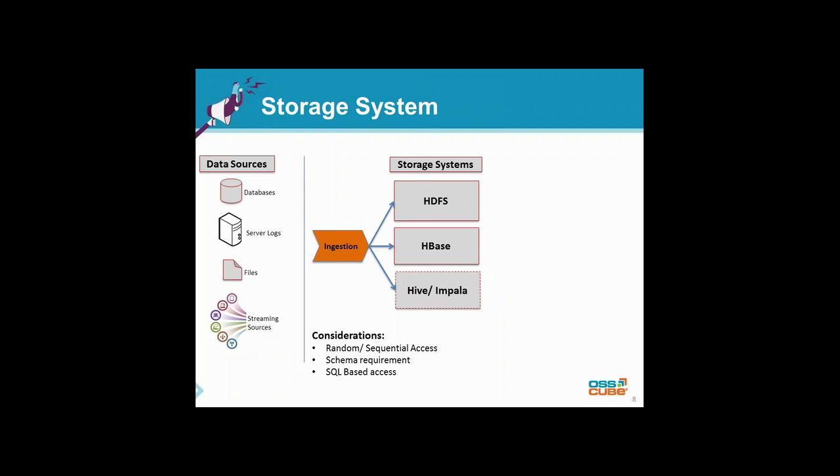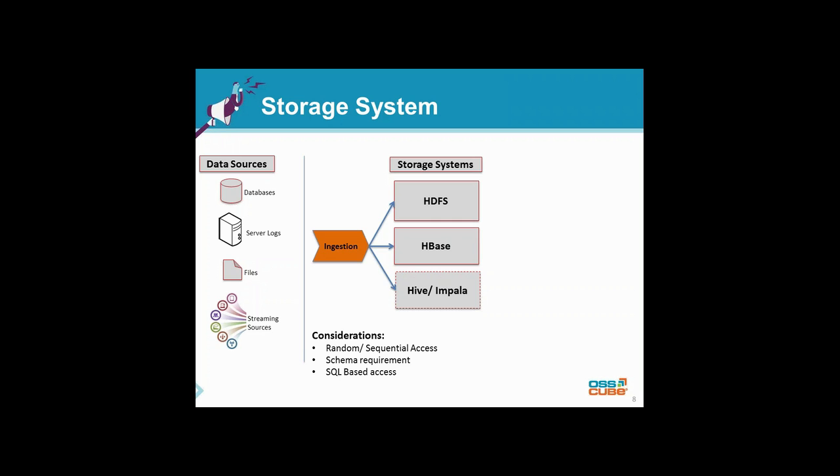HBase works on top of HDFS, but the data is operated through the HBase interface, the HBase API. So what are the considerations here? Do you want random or sequential access? If you want random access, HBase is a better option. If you want sequential access, then HDFS is better.